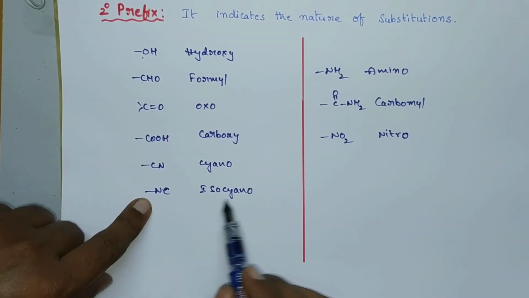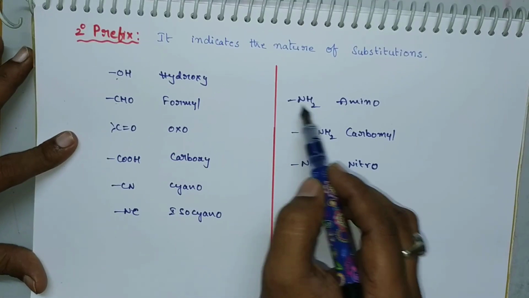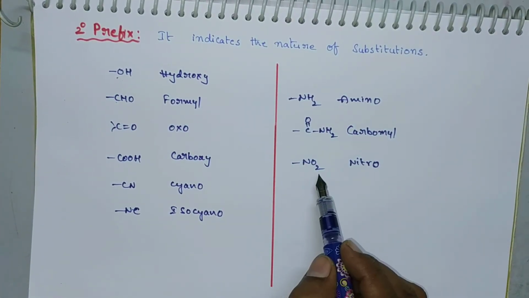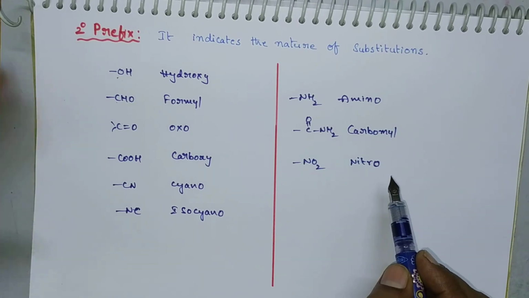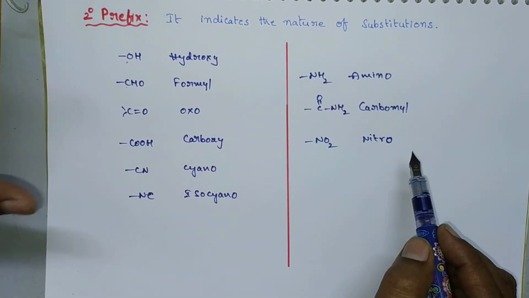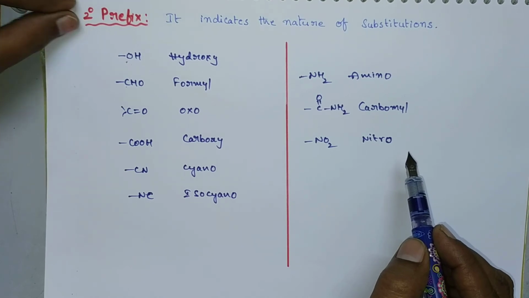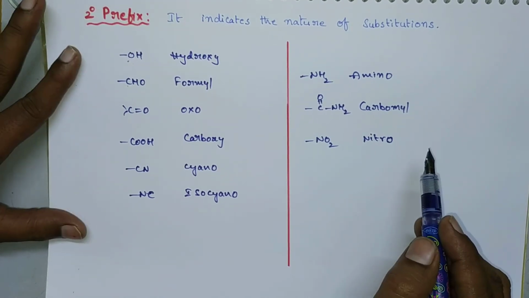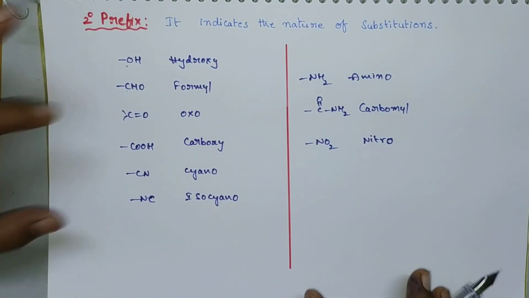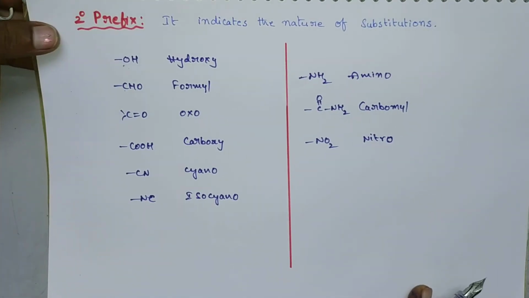If NC is there, isocyano. NH2, amino. CONH2, carbamoyl. NO2, nitro. In this way we can call all the substitutions. So the secondary prefix indicates the nature of substitutions. Have a screenshot, you can easily remember.